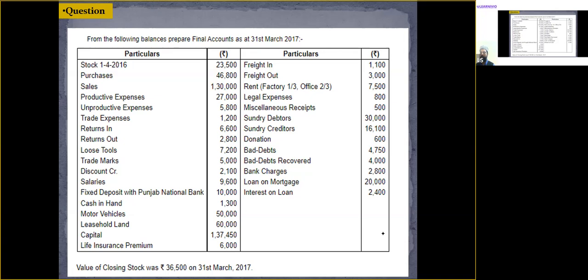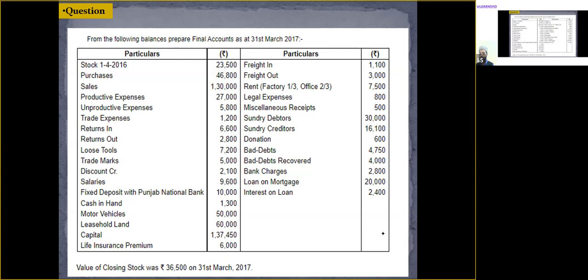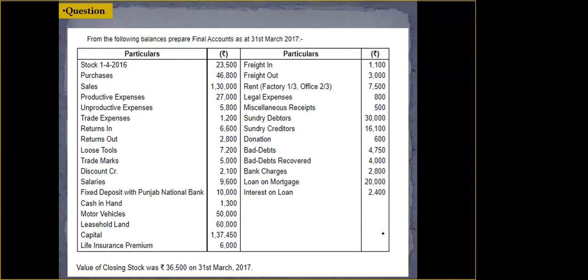After that, we have the second last item, loan on mortgage. Tell me, Hamad, what do you think? Where we should write it down? Loan on mortgage. Sir, balance sheet. Simple, no?